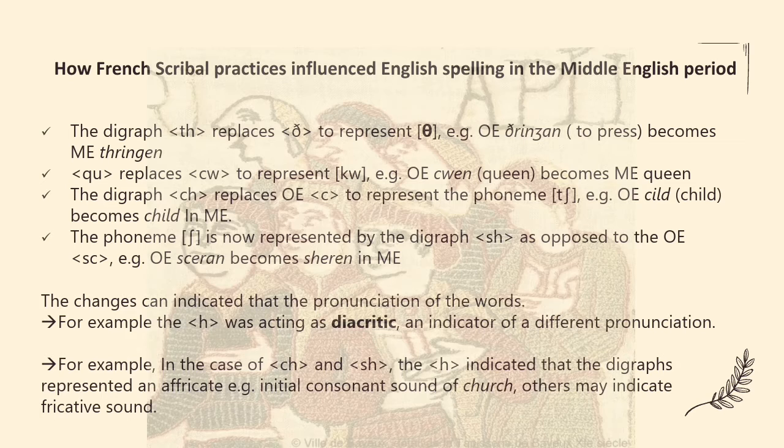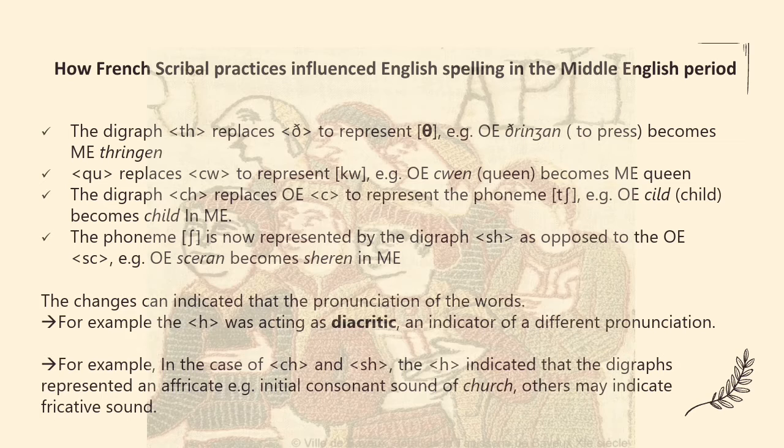For example, in Old English cwen becomes queen in Middle English. The digraph ch replaces Old English c to represent the phoneme ch. For example, in Old English cild becomes child in Middle English.